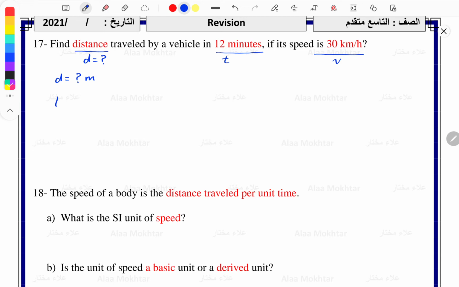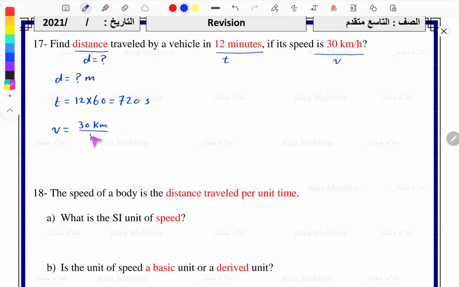Time is in minutes. How to convert minute to second? Great, exactly. Multiply by 60, so 12 times 60, using your calculator, will be 720 seconds. The speed in kilometer per hour, V equals 30 kilometer per hour.